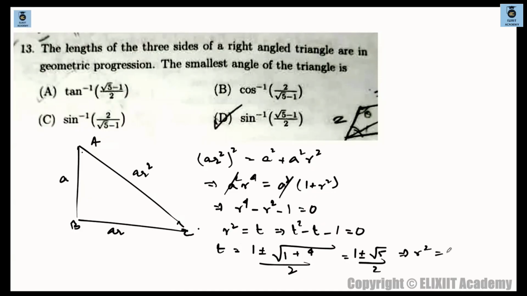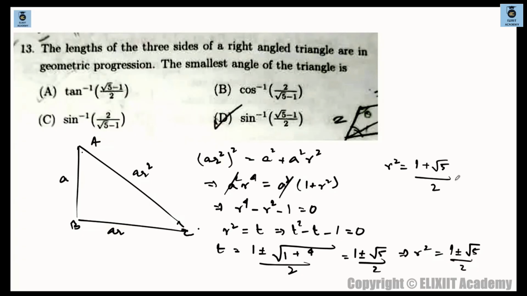Now we can't take the negative value because 1 minus root 5 will give you a negative value. So r square cannot be negative, right? So r square has to be 1 plus root 5 divided by 2. This is the final value of r square.